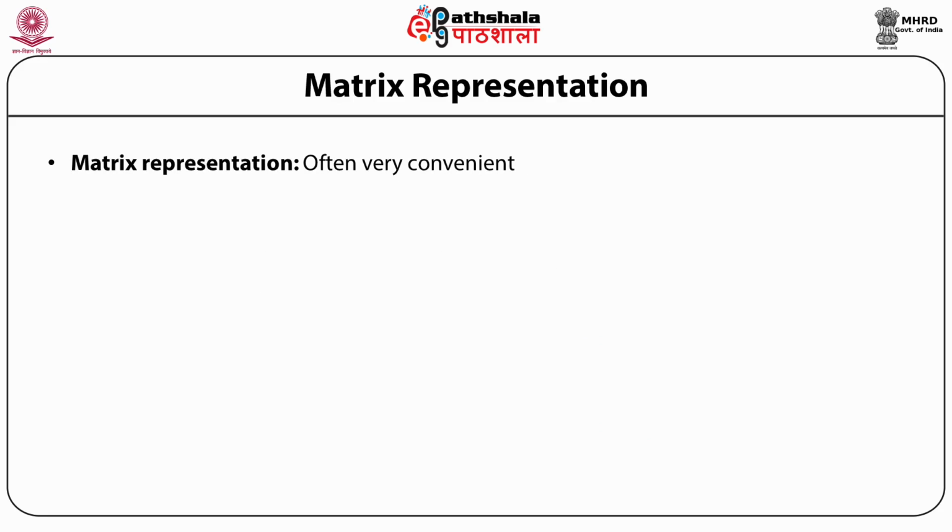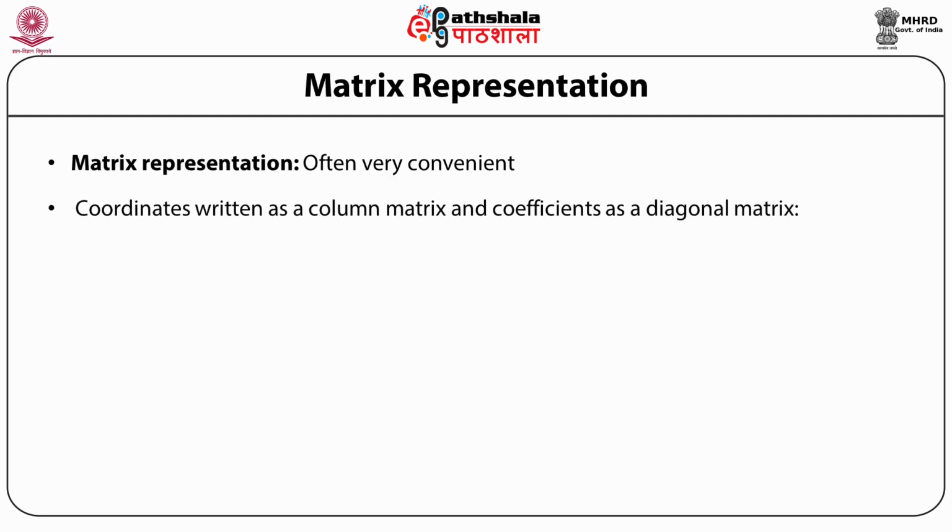So matrix representation is often very convenient when we want to write down the coordinates and the components. So in case of matrix representation, the components of the coordinates along the three axes can be represented as a column matrix.